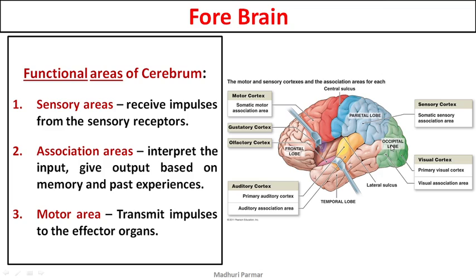So if there is some injury on the occipital lobe, your vision will be affected. Why? Because this occipital lobe is the area where you are able to finally understand what you are seeing. The eyes do the work of seeing; understanding is done by the occipital lobe. What you are actually seeing will be interpreted in the occipital lobe.